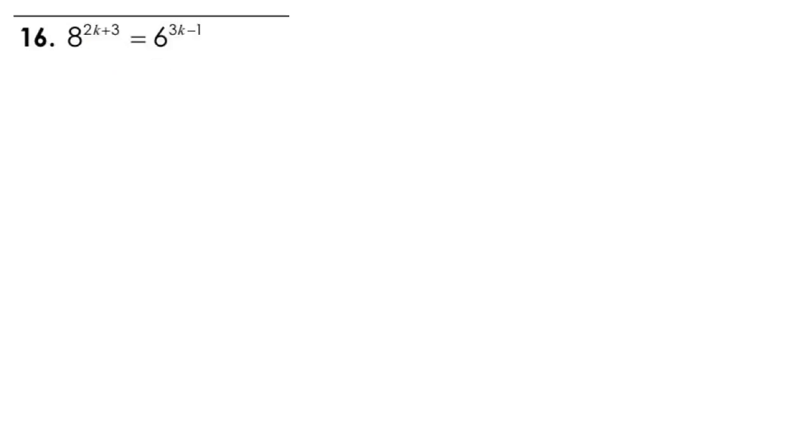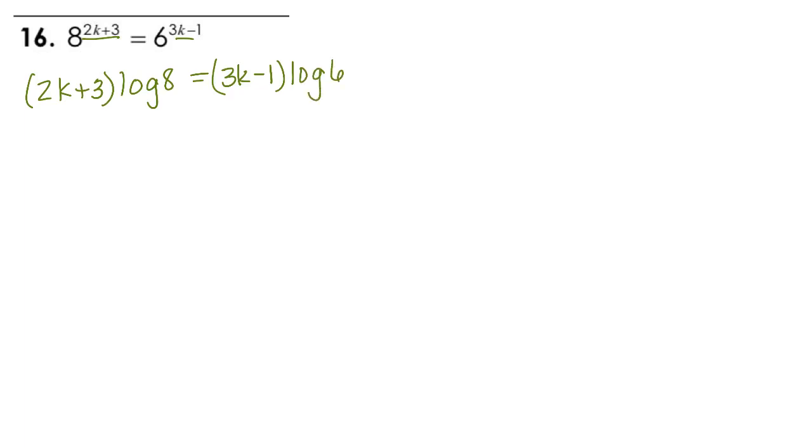Okay, and the next problem is just like that. Again, we're going to start by doing the logarithm of both sides and moving down these exponents. So that's going to be 2k plus 3 times log 8 equals 3k minus 1 times log 6.